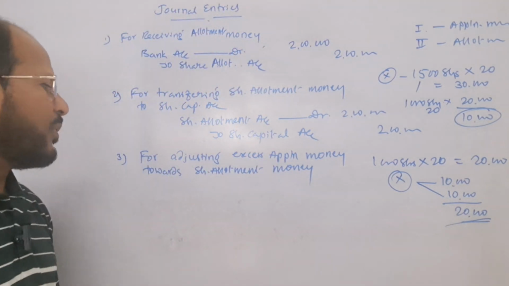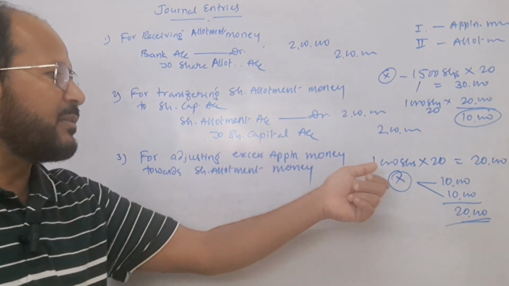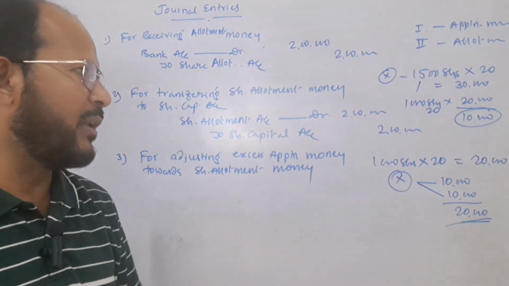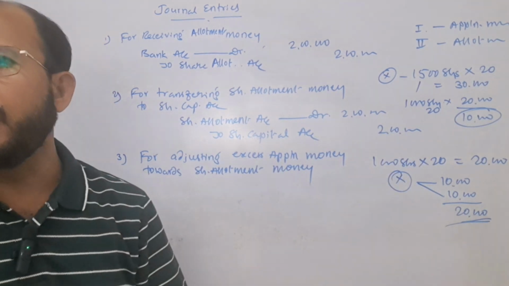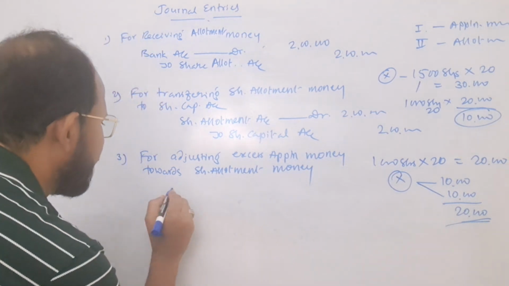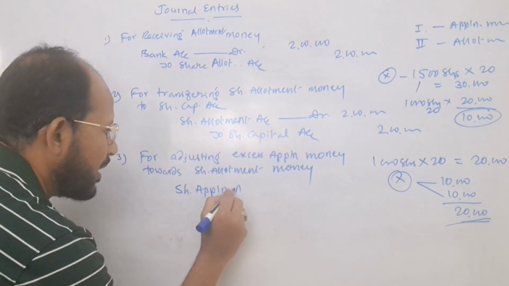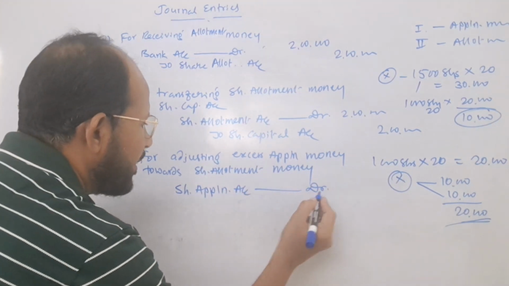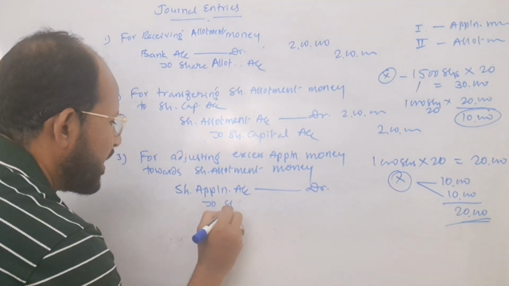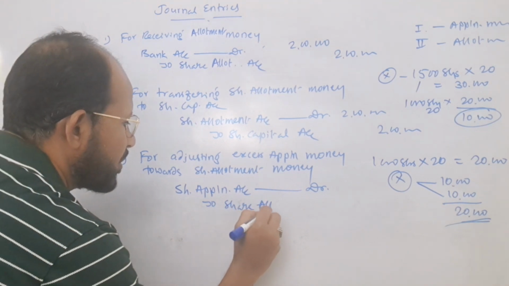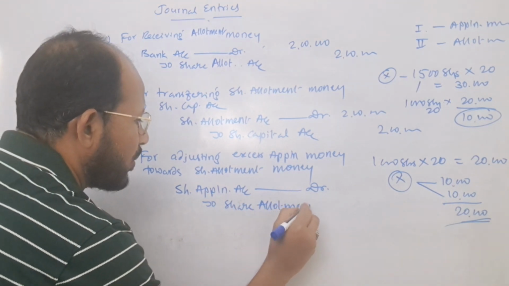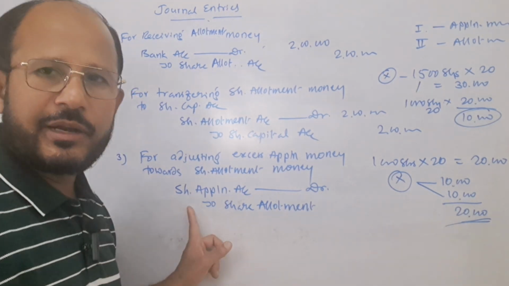Therefore, whenever the adjustment is made, excess application money is adjusted, we need to pass the journal entry as share application account is to be debited, and to share allotment account. If cash is received, what journal entry do we pass?